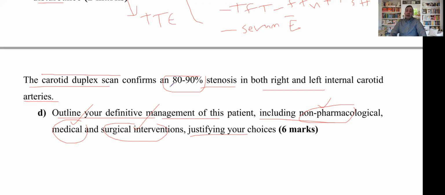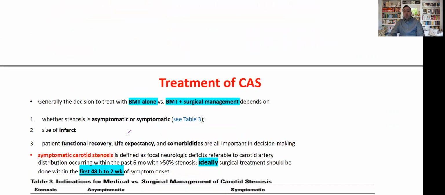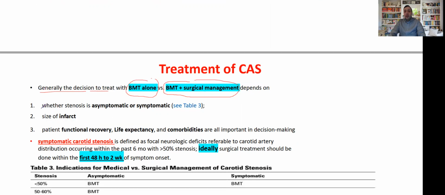This patient has a recent ischemic stroke, and the carotid duplex showed a significant degree of stenosis of the left and right internal carotid arteries. What's the best management in this situation? So here we have treatment of carotid artery stenosis. Generally, the decision to treat with best medical therapy alone versus best medical therapy and surgical management depends on whether the stenosis is asymptomatic or symptomatic.